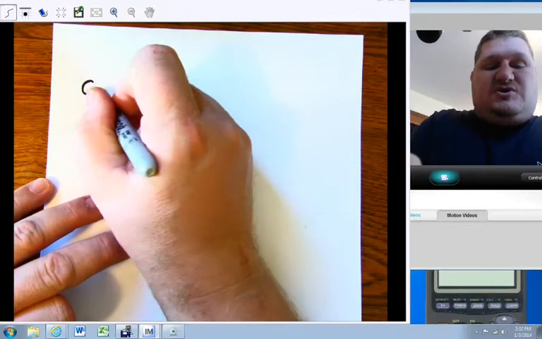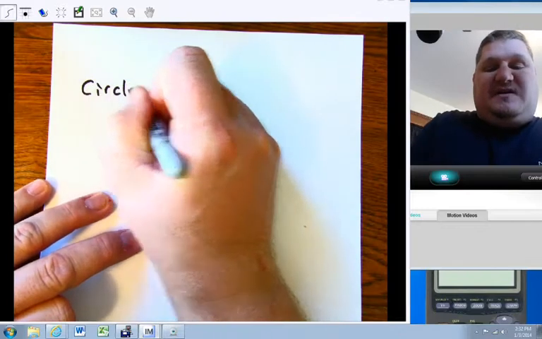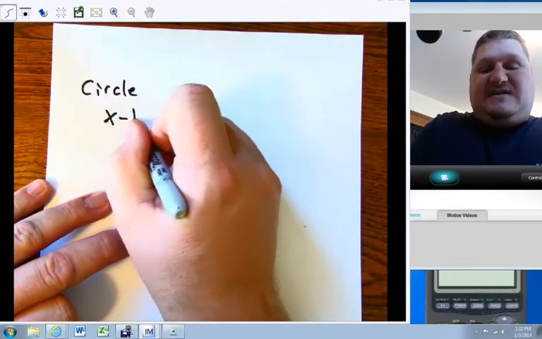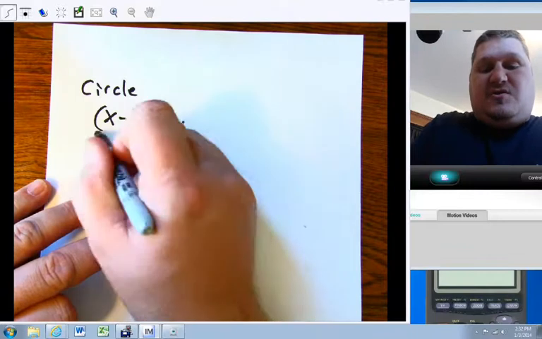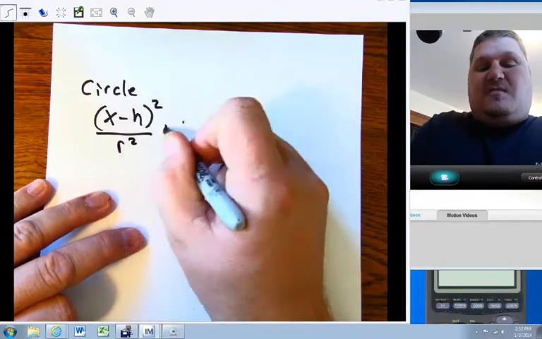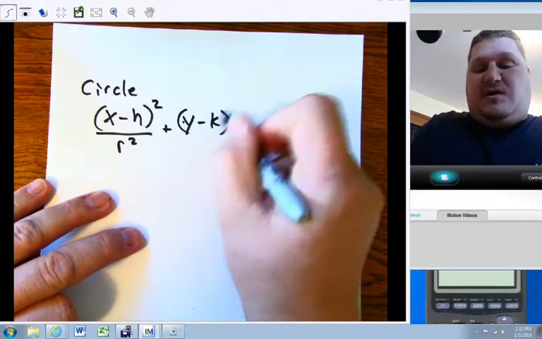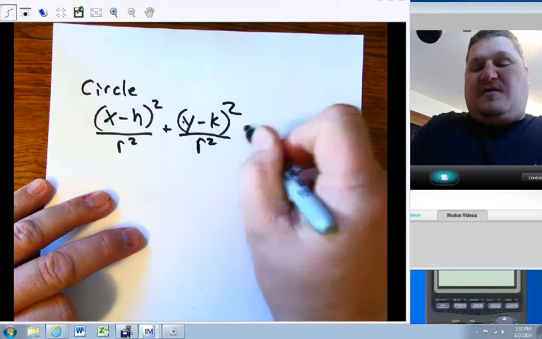For the circle, the equation that you will be expected to know is x minus h, the quantity squared, over r squared, plus y minus k, the quantity squared, over r squared equals 1.